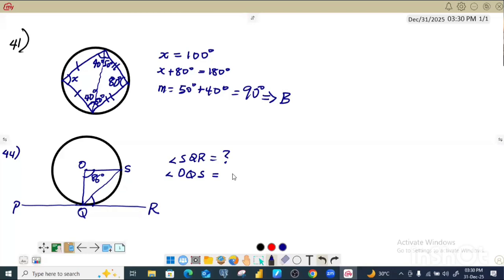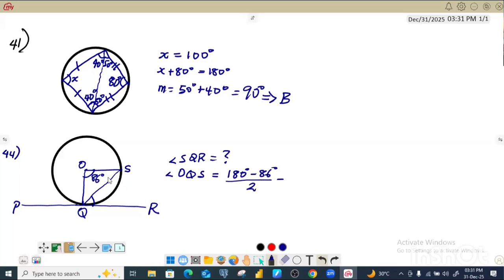OQS is 90 minus SQR, but we don't have the value of SQR. So we find OQS. OQS equals (180 minus 86) divided by 2.